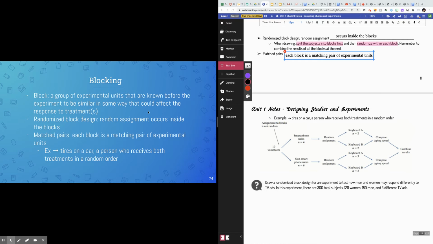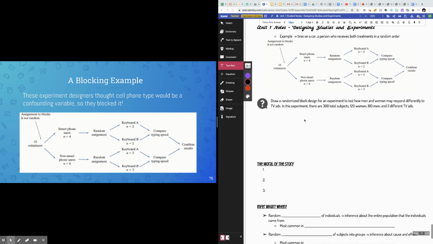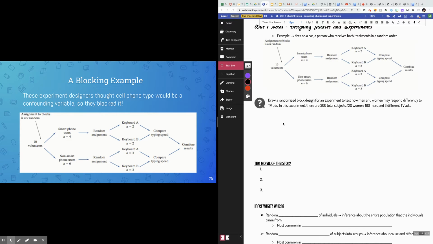Okay, so I gave you an example of what a block might look like. This was an experiment about cell phone types. So you had 10 volunteers. They thought that smartphone users versus non-smartphone users would have different responses to this.